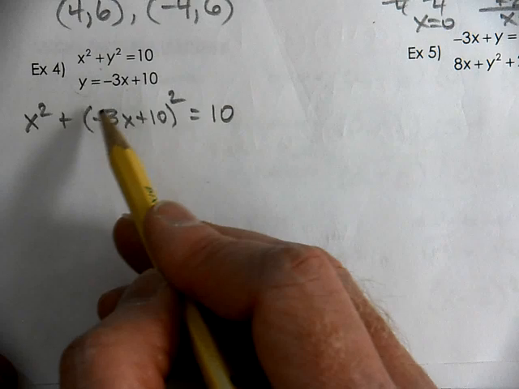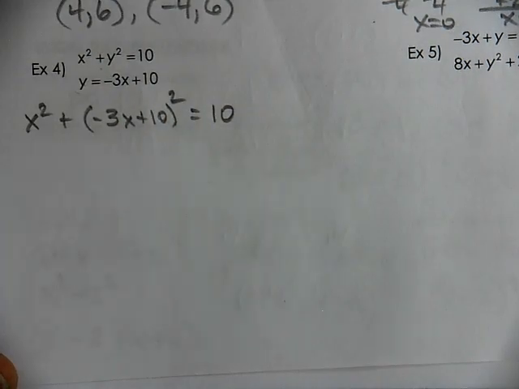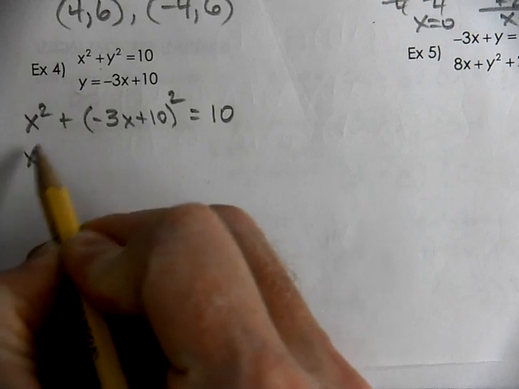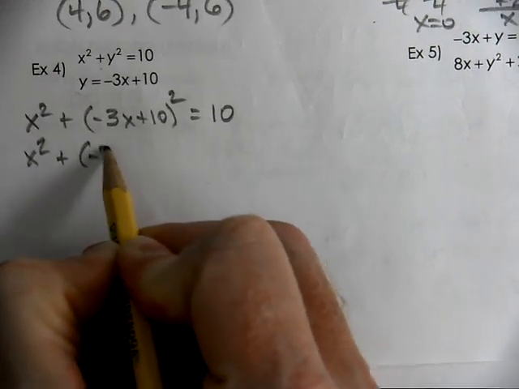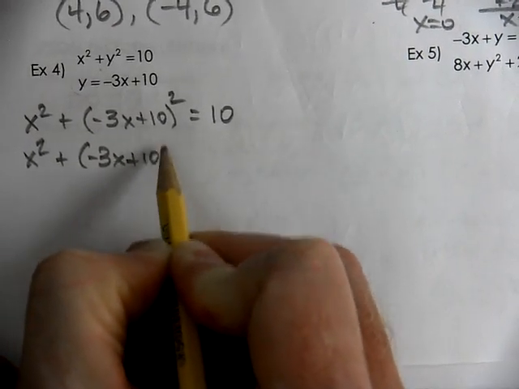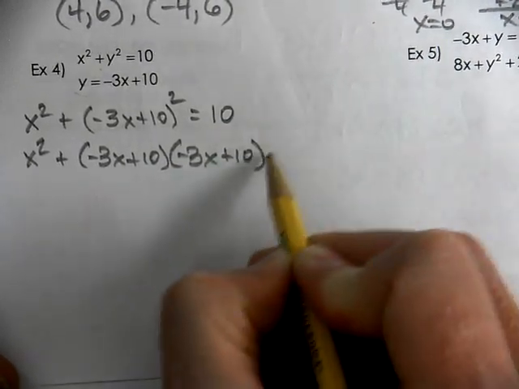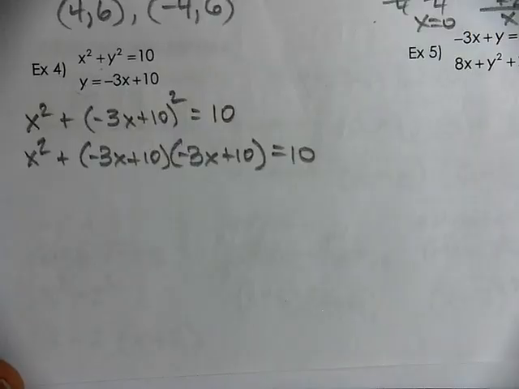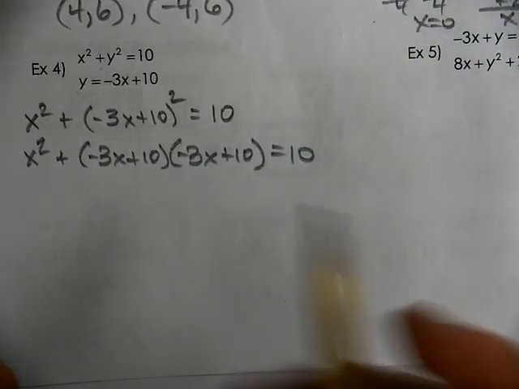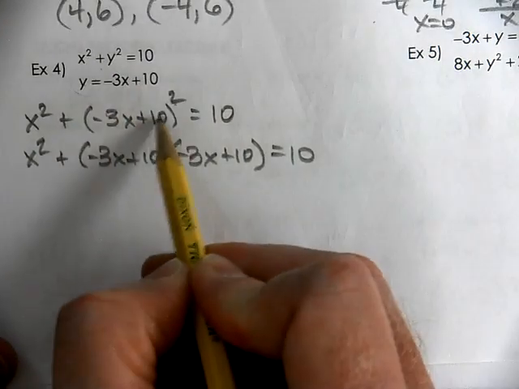Now, how do we handle a binomial squared? We've mentioned it many times. Take that binomial and multiply it by itself. You've got to write it twice. You can't distribute in.